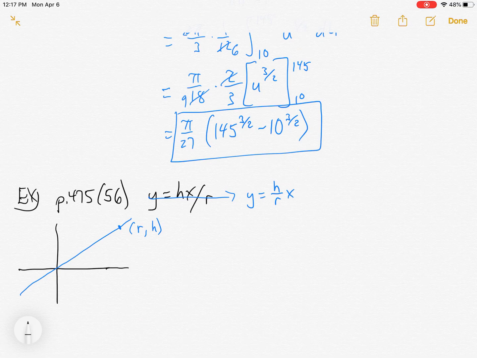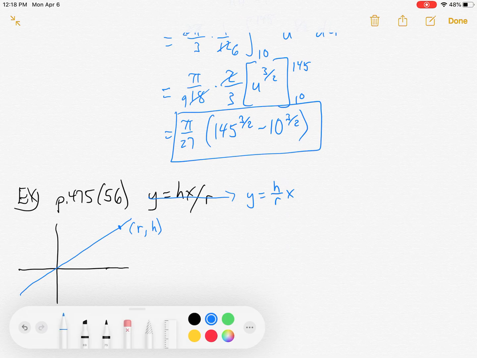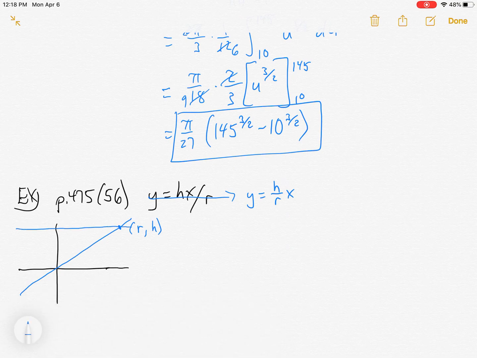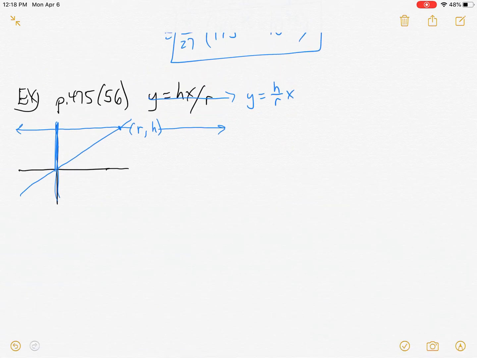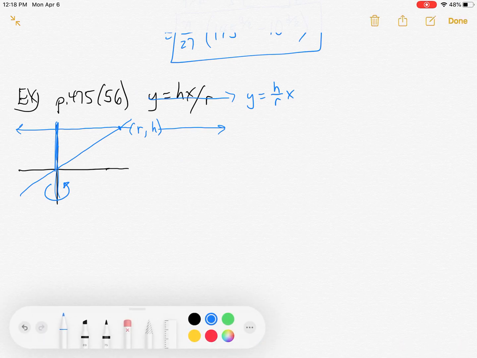And you're going to revolve, so let me keep reading. It says, revolving this, also y equals h. Just goes right through there. Also x equals 0, which is this. You see your region is that triangle, and it's revolving that region about the y-axis. So we're going to revolve it about this axis.